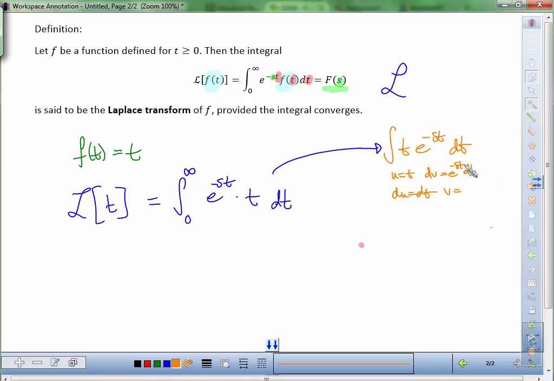And the antiderivative of this, if you have not just the t, but a negative s times t, is negative 1 over s e to the negative st. So we continue on with this. uv, so that's minus 1 over s t e to the negative st, minus the integral of v du, negative 1 over s e to the negative st, and du is just dt.